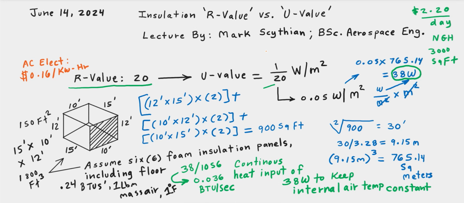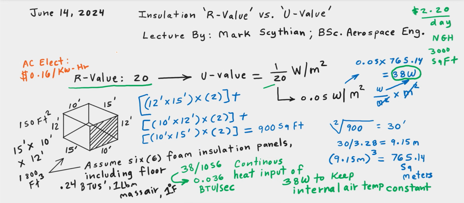And we know that there is actually 24,800 BTUs per pound of natural gas, but it's also rated at $2.90 per 100,000 BTUs, or 1 therm. So we got that at $2.20 a day.